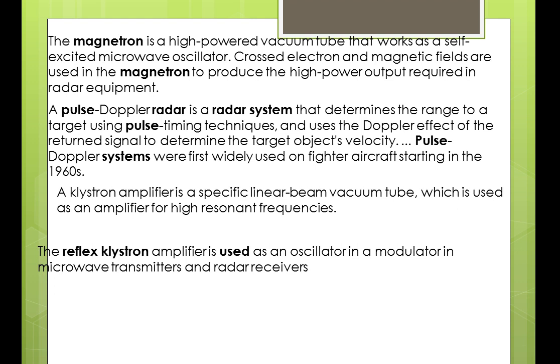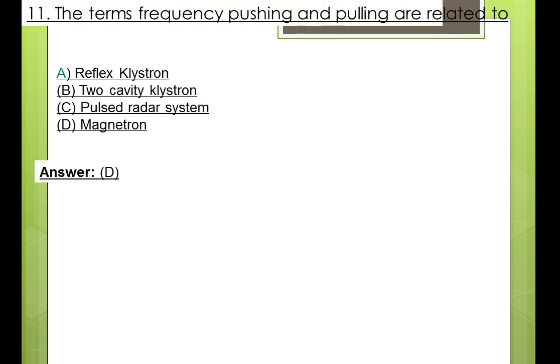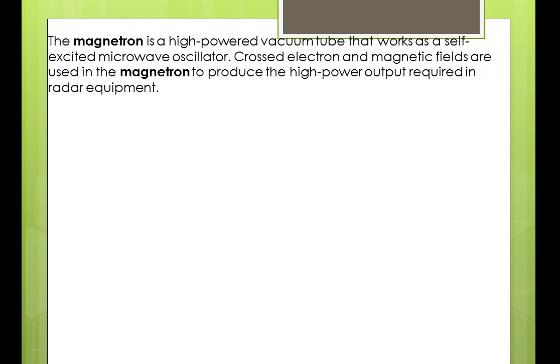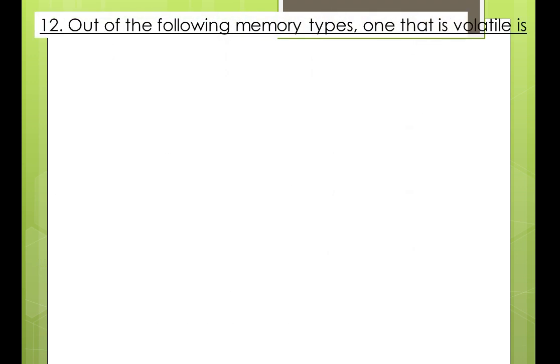Klystron amplifier is used as an amplifier for high resonant frequencies. The reflex klystron is used as an oscillator. So the answer for this question is that the terms frequency pushing and pulling are related to the magnetron, that is, the microwave oscillator.